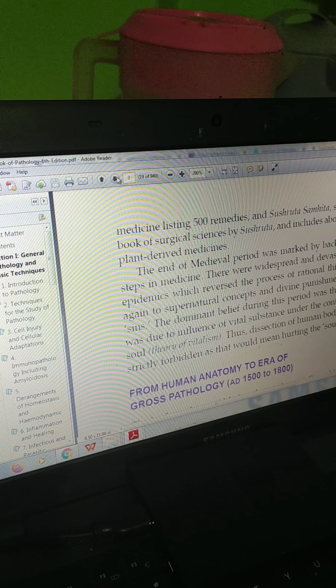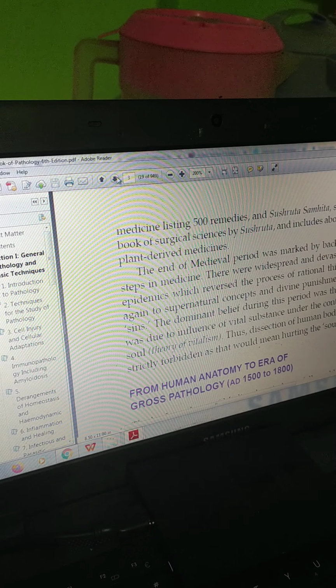The end of the medieval period was marked by backward steps in medicine. There were widespread and devastating epidemics which reversed the process of rational thinking again to supernatural concepts and divine punishment for sins.